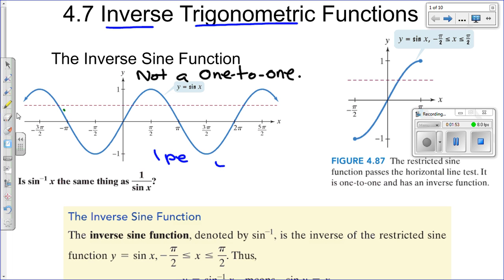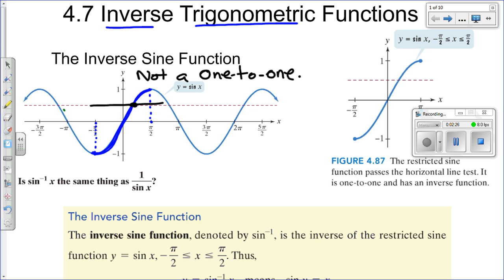The way we're going to restrict the domain is from here to here. In other words, we're only going to take this part of the graph, what I'm tracing in blue. If we perform the horizontal line test on that chunk of the graph, would it pass? Yes. It only touches one point.